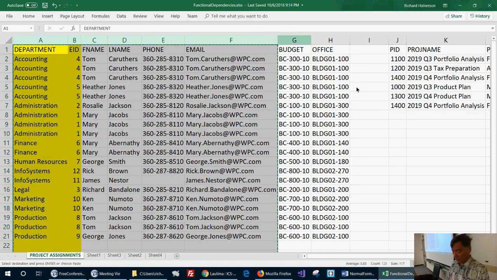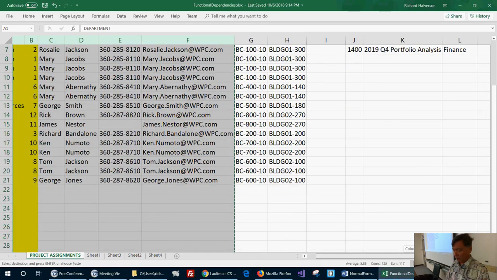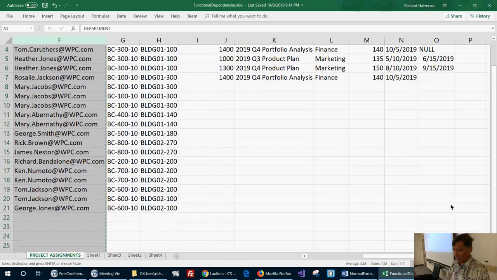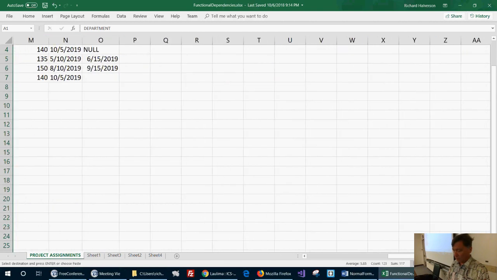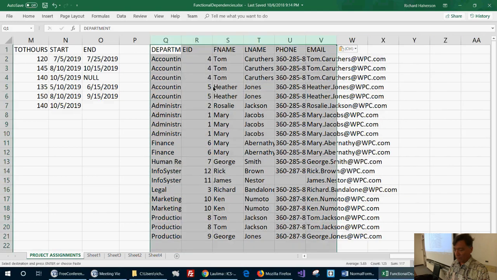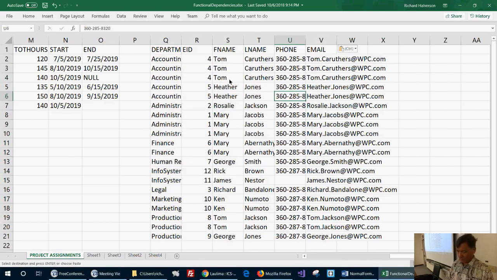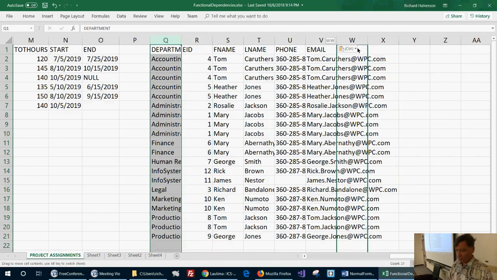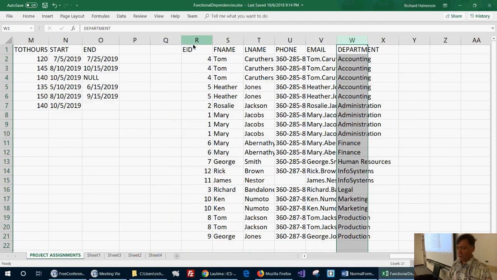This is one table. I'm going to copy this and put it over here. Okay, so that is one table, but EID is the key. So I'm going to take this and put it over here.